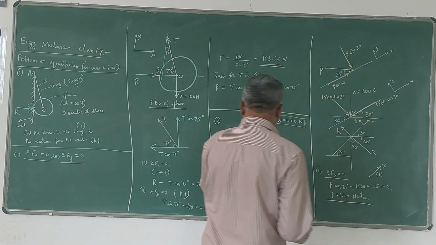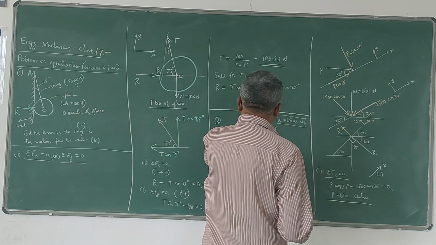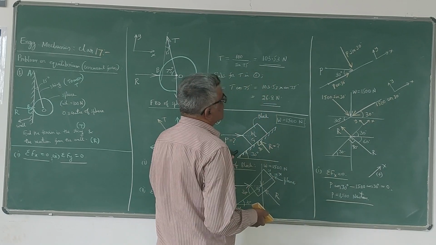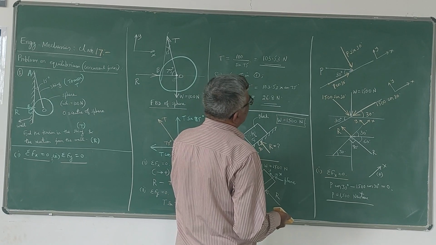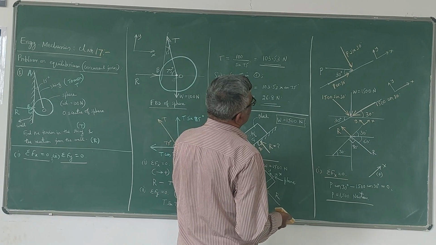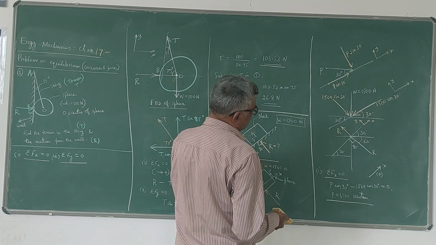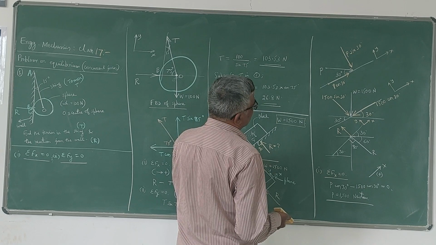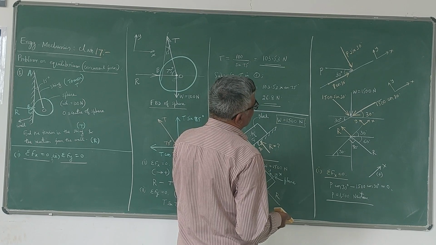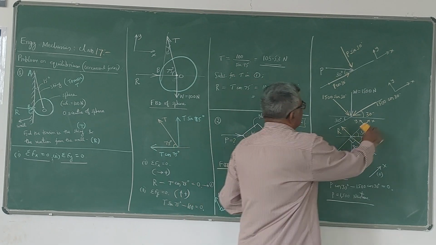This R will be acting perpendicular to it. P will be like this, at an angle of 30 degrees. P cos 30 minus 1500 cos 30. Oh, sorry, this is the wrong one.